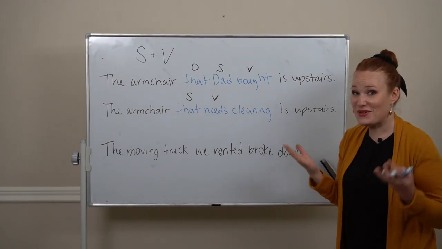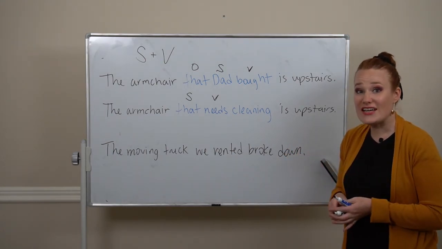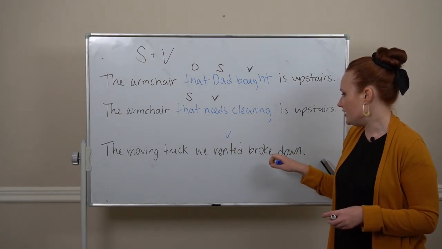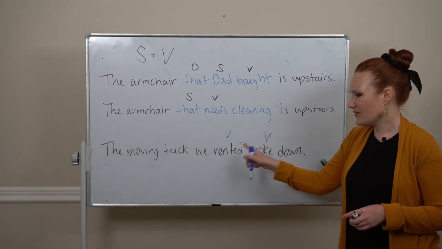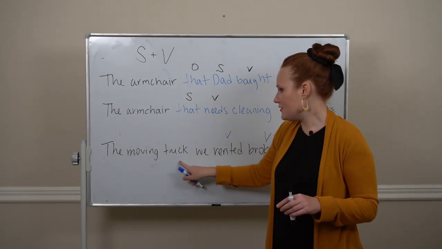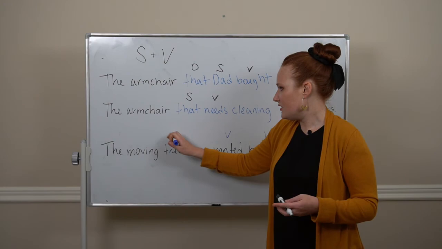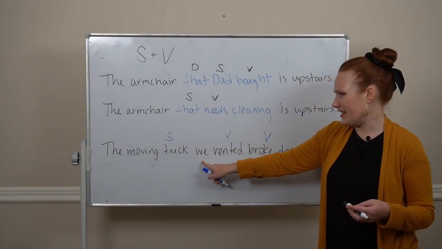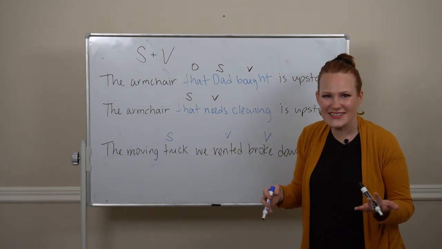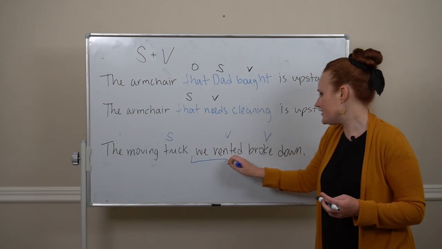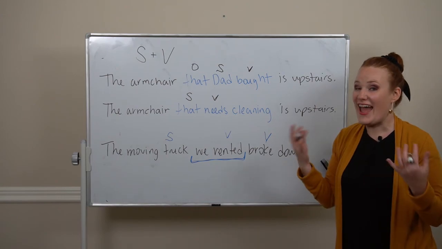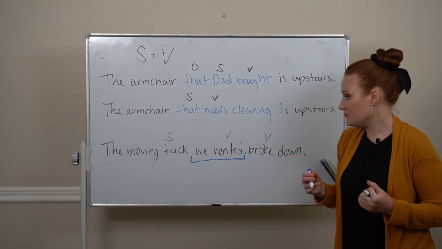How do we know where the relative clause is? Let's find some verbs. All right, I've got rented and I've got broke down. Two verbs in a row. That doesn't make any sense. And up here, I've got moving truck. That's a noun, a subject, and I've got we. That's another noun. We don't have two nouns in a row like that. Doesn't make any sense. So this has to be the relative clause. It's an extra noun and verb.